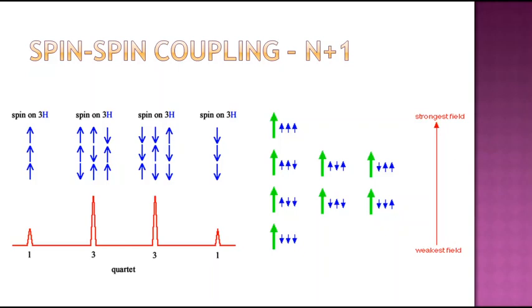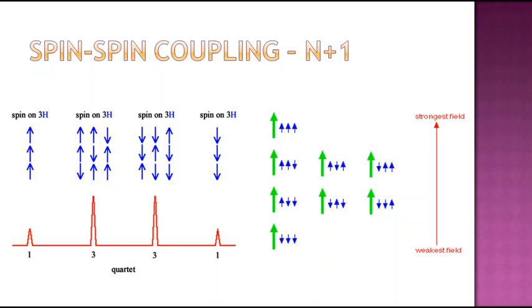Due to this coupling, splitting of the signal takes place, and the splitting of signals usually depends upon the number of protons that couple with this proton. If one proton is coupled, then there are 2 possibilities, and therefore the signal will split into 2. If 2 protons couple, then there is a possibility of 3 different spin state populations, so you get a signal split into 3.